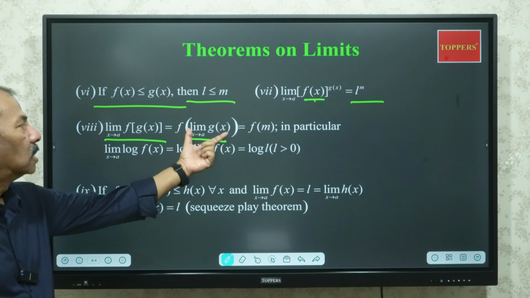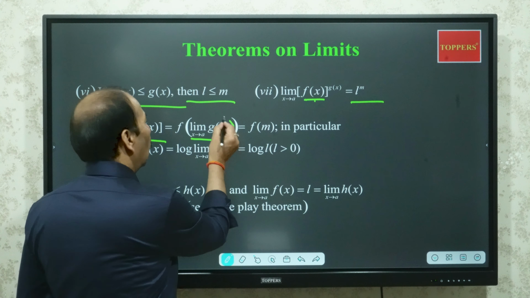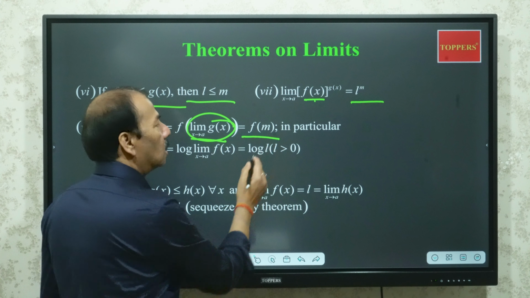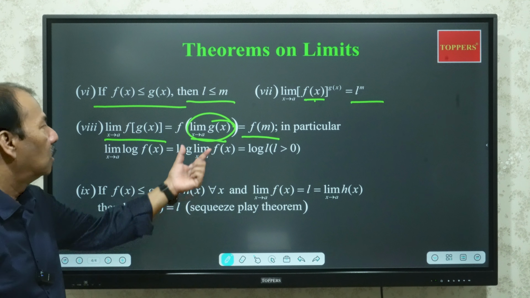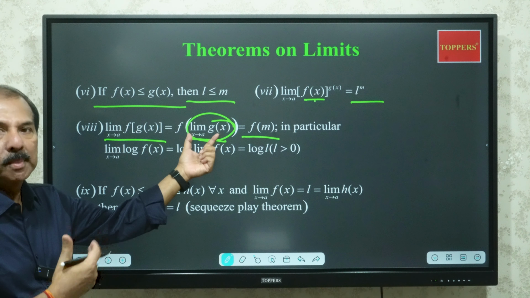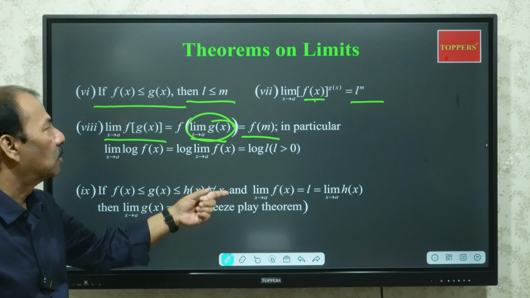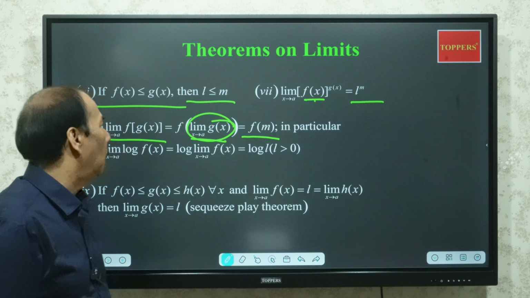So what is the limiting value of g of x? m. So the value of that will become f of m. This m we had assumed, we are discussing under that assumption. So this is equal to f of m.